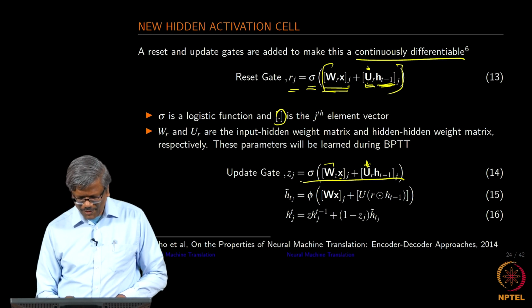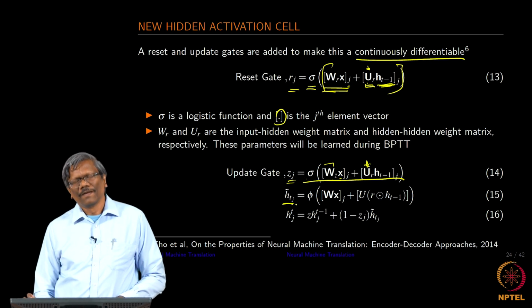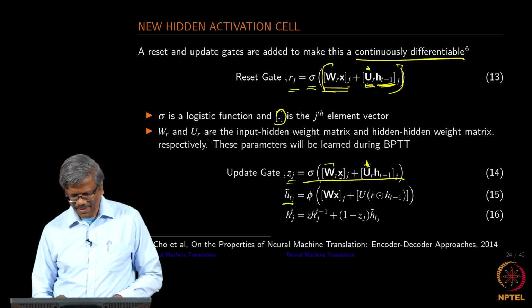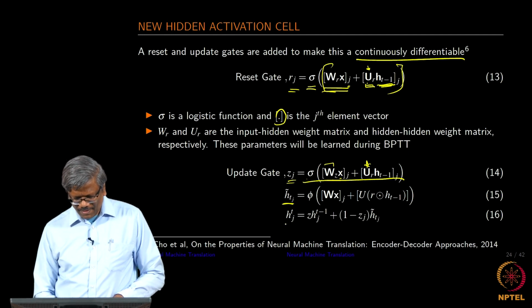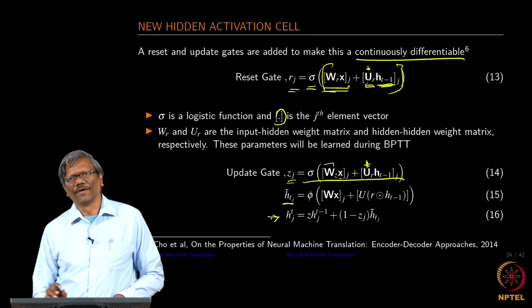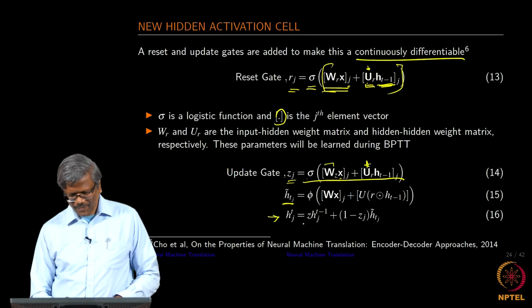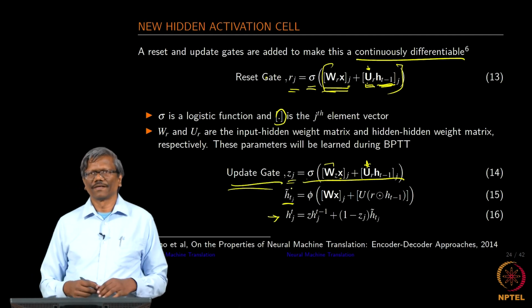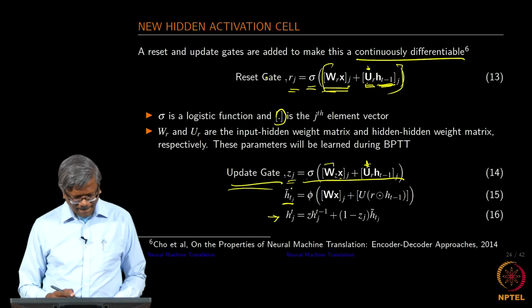And a new state is obtained and a new memory is obtained by using this update gate, okay. And finally, the output hidden states are combined using the reset gate and the update gate, okay.